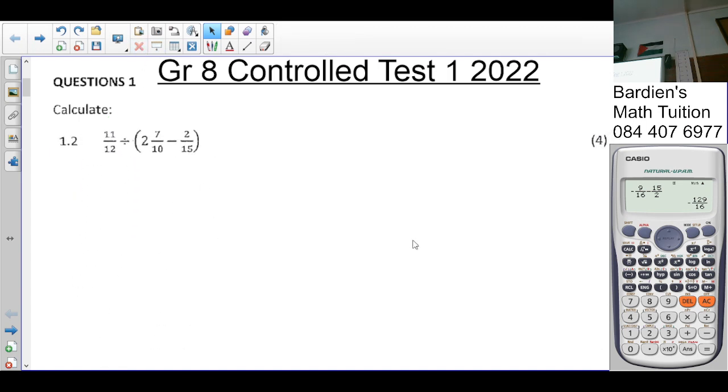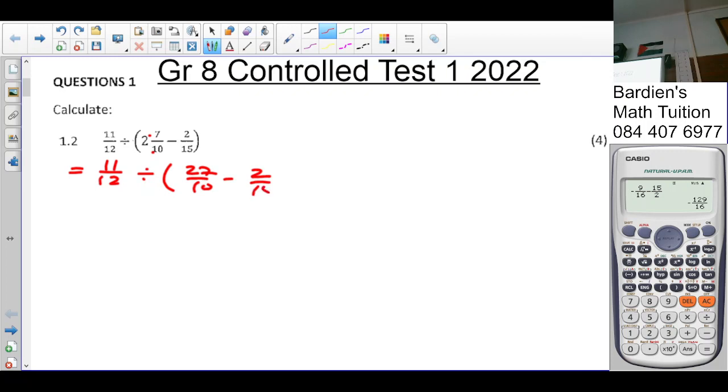People in question 1.2. You got 11 over 12 divided by, open brackets, 2 and 7 over 10 minus 2 over 15. So, according to Bodmas, we need to do the brackets first. So we change that to improper, so it's going to be 11 over 12 divided by 27 over 10 minus 2 over 15.